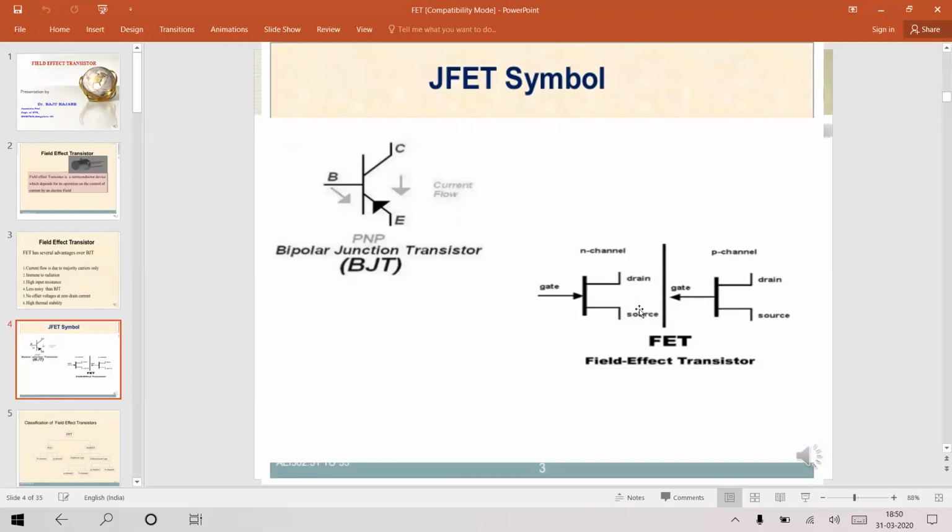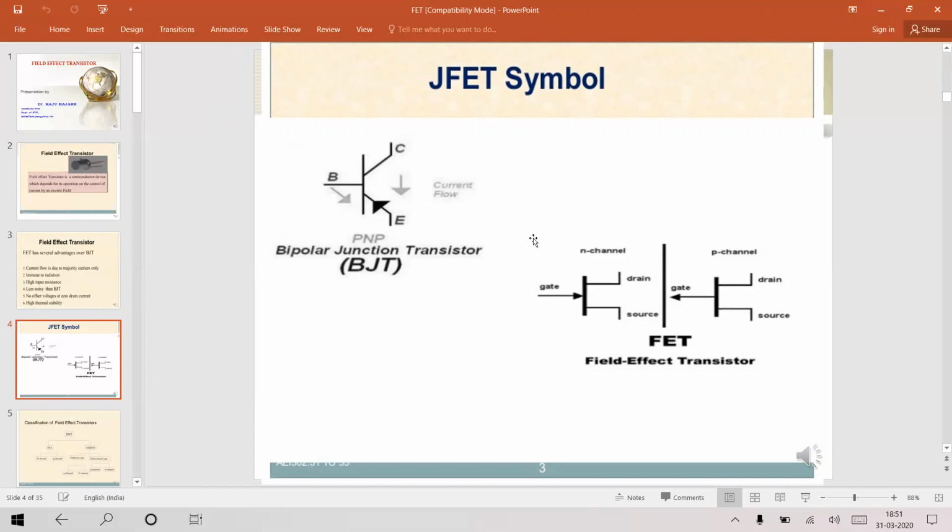Source is the source of charge carriers, like the emitter in BJT: charge carriers are emitted from the emitter, flow through the base, and are collected at the collector.